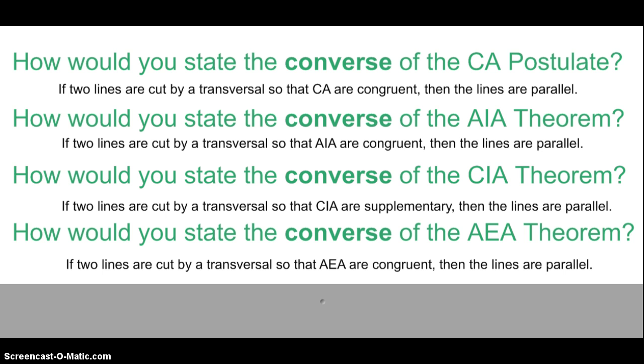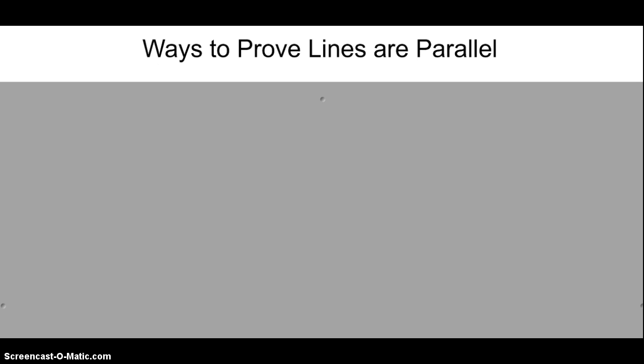The one thing I want you to notice, if you're looking at all of those converse statements that you just have written, it's knowing that you have a certain angle relationship, whether it be corresponding angles congruent, alternate interior angles congruent, alternate exterior angles congruent, or consecutive interior angles supplementary. We always had the conclusion that the lines were parallel.